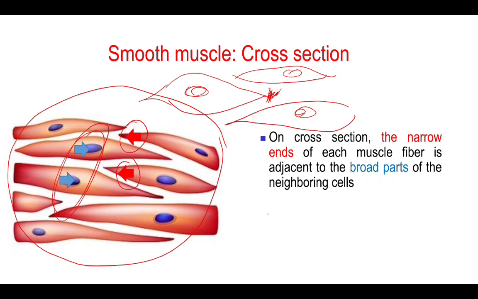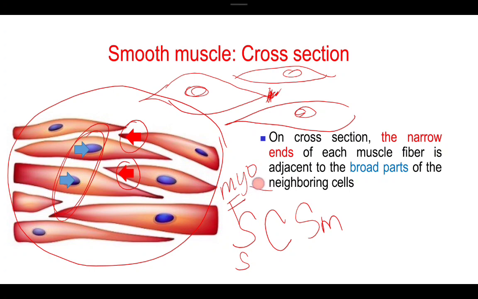So tatlo lang yung muscle natin. We have the skeletal muscle, the cardiac muscle, and then the smooth muscle. Tandaan natin that the skeletal muscle is made up of myoblasts that undergo fusion. Tandaan din natin that in the skeletal muscle, your satellite cells are present. In the cardiac muscle, anong meron dyan?